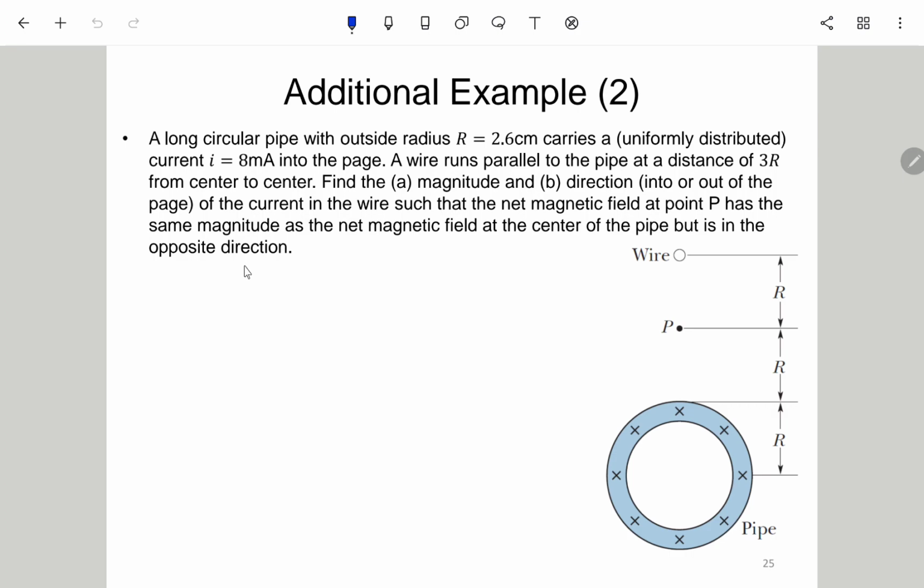So we need to find the B field at point P and also the B field at point C. So we should have a BP and a BC. These two B fields should have the same magnitude but opposite directions. So we need to determine how large the current of the wire is.